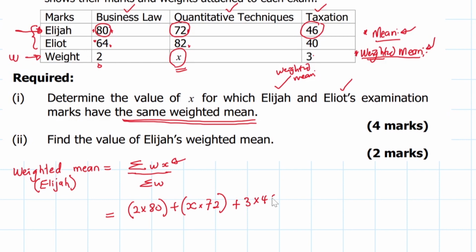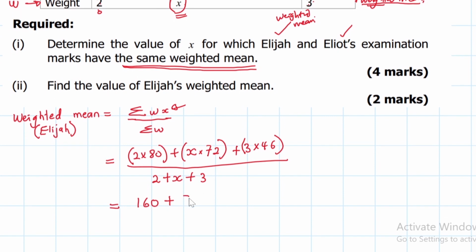Divide all that by the total weights, which is 2 plus x plus 3. Of course, 2 times 80 is going to be 160, then plus 72x, plus 138. Divide that by 2 plus 3, which is 5, plus x.